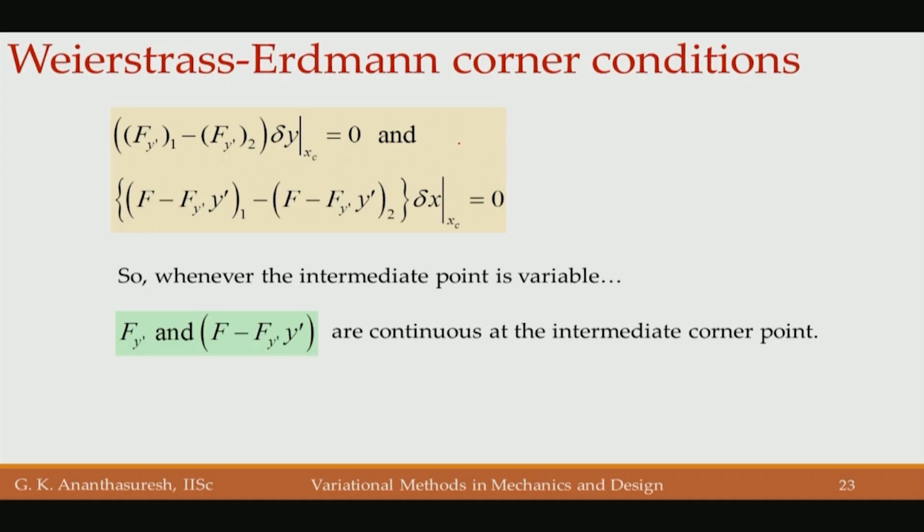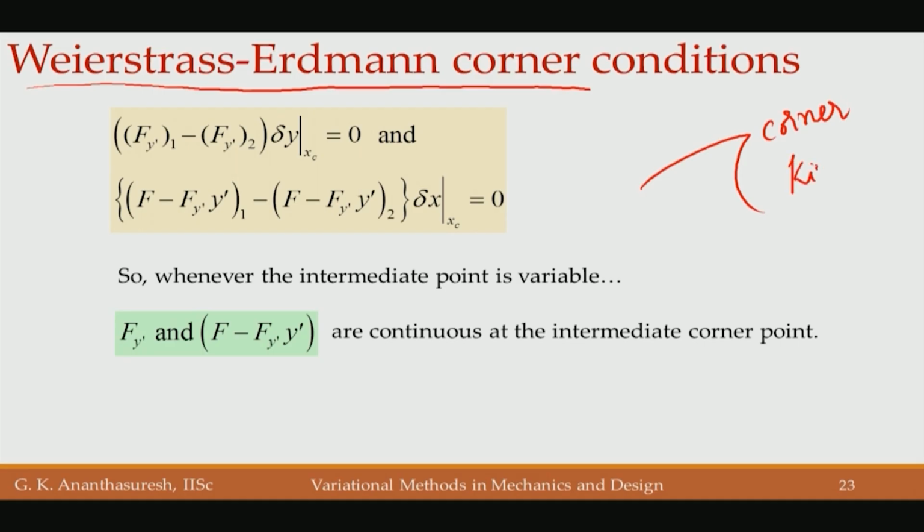If you do that, we get these conditions. They are known as Weierstrass-Erdmann corner conditions. Corner meaning again this is a corner, a non-differentiable point, a kink. A kink is a corner, so they are called corner conditions.